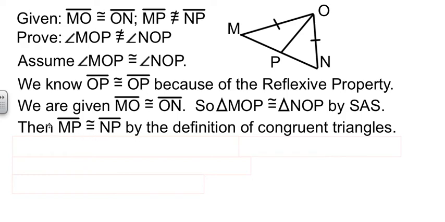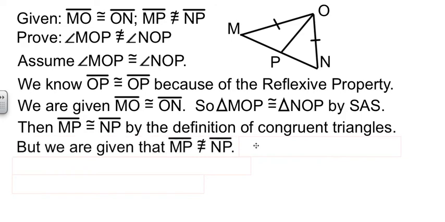Now, the quicker among you see the problem already. MP is congruent to NP is exactly the opposite of what we were told was true. This right here is what we in the business like to call a dirty lie. We were given that it's not congruent, but we just proved it is congruent.